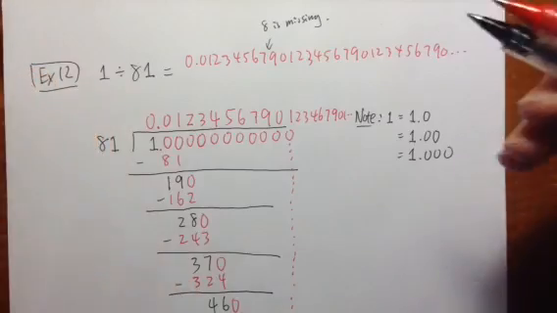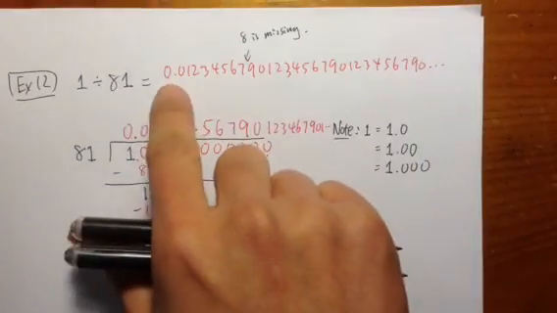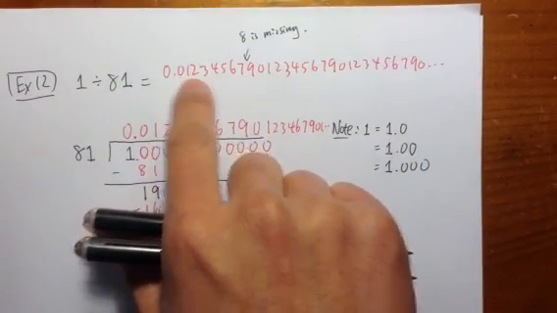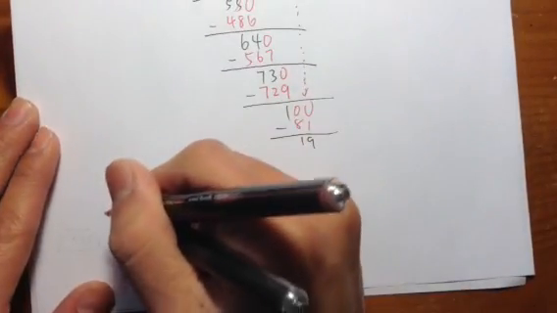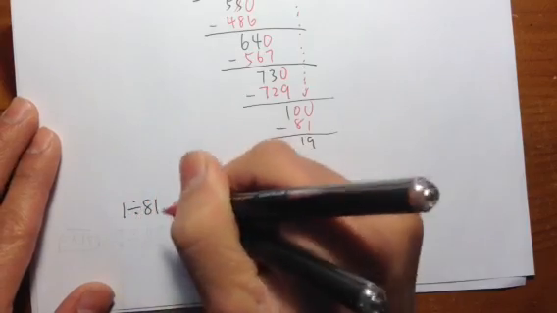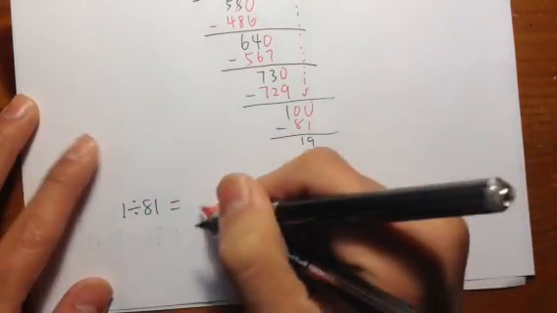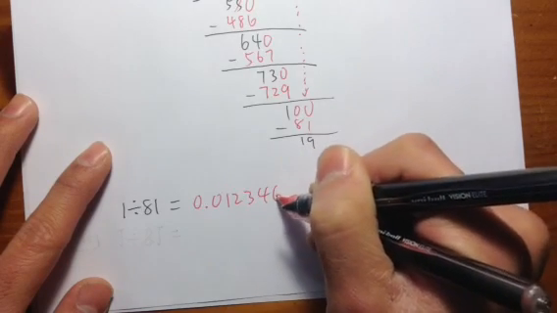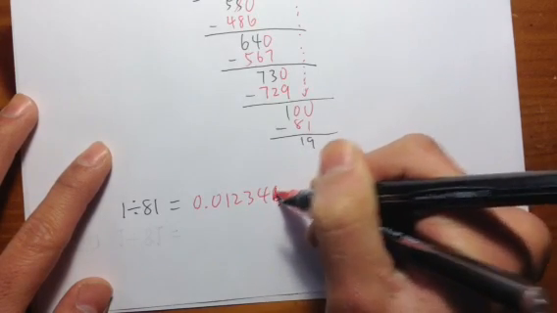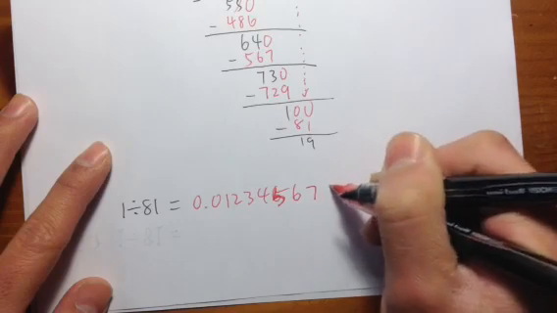And to write the answer, as you can see, I only have these digits repeating, and I'm going to write this as the answer 1 divided by 81. This is equal to 0.01234, this is my 5, 6, 7, 9.